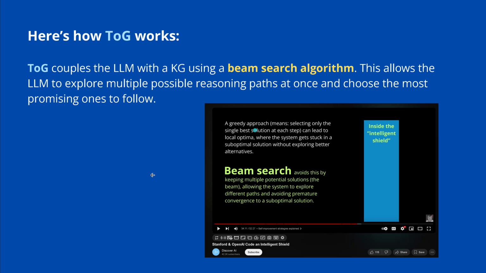And you remember the mechanism that I told you how Think on Graph works, that it couples the LLM with a knowledge graph using the beam search algorithm. And this was the beauty, that we do not just go with a greedy algorithm, but beam search allowed us, or the LLM, to explore multiple possible reasoning paths at once in parallel, and then choose, depending on the width of our beam, the top 3 or top 5 causal reasoning structures.